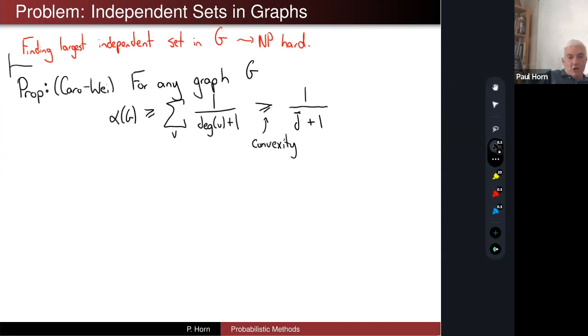And if that p is large, I'm not that likely to pick an independent set. So just picking vertices blindly in my graph isn't that smart. In particular, I know that for an independent set, smaller degree vertices are likely a little bit better to have in my independent set. So there is some logic in trying to be a little bit smarter. But anyway, there's a very nice proof of this bound that goes as follows.